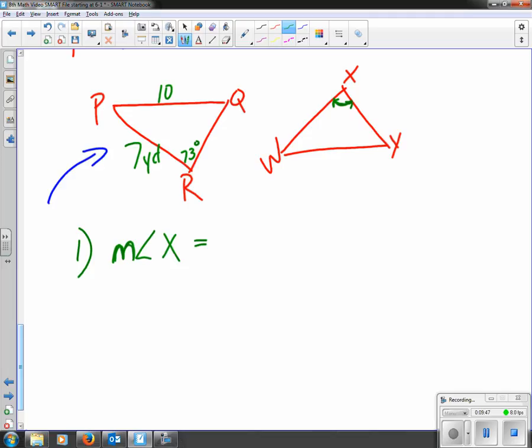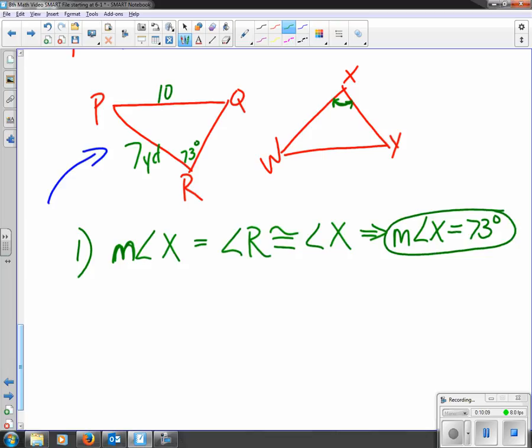Well, angle R is congruent with angle X. So, therefore, the measurement for angle X is 73 degrees. Because congruent means same measure. If angle R is congruent with angle X, and angle R is 73 degrees, then angle X is 73 degrees.